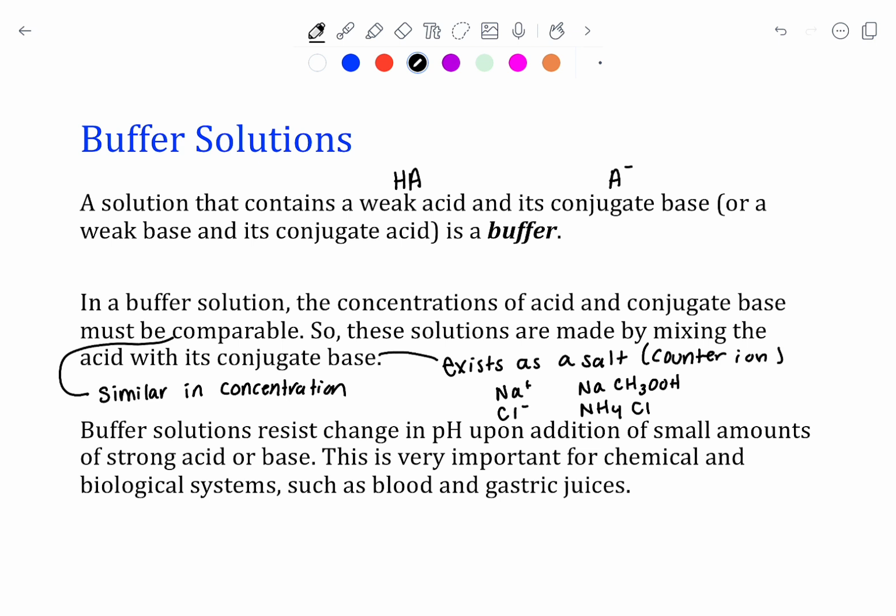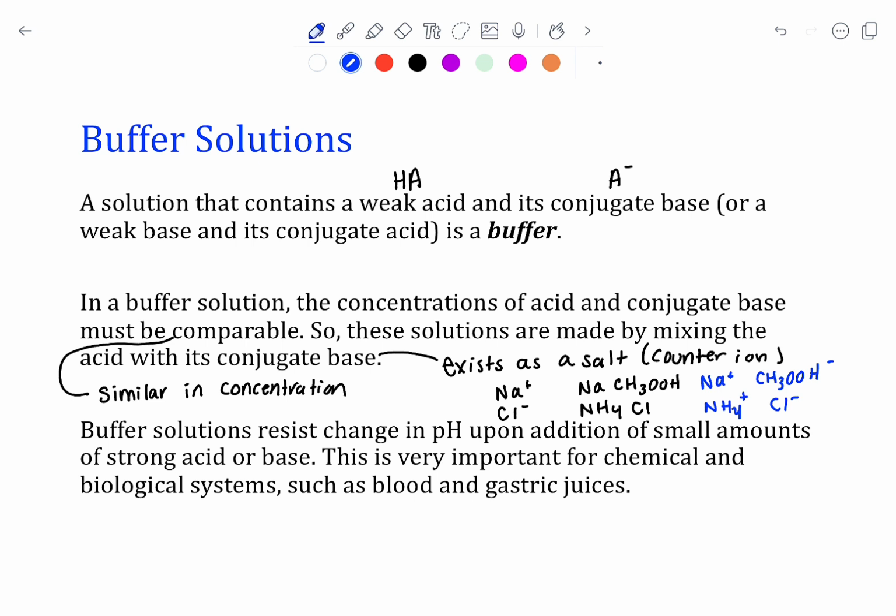So they really exist as Na+ and CH3COO-, NH4+ and Cl-. So when we put them into solution, they exist as those ions.